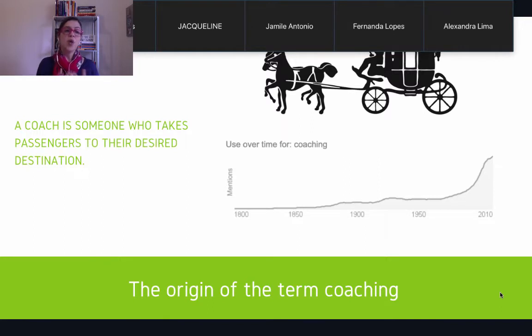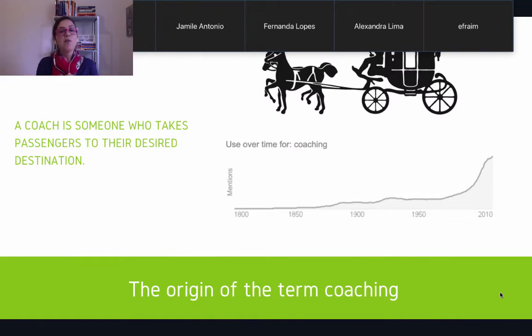So the term coach dates back to the 16th century. The word coach comes from the Hungarian word koksi or kochi. I don't know exactly the pronunciation of the word, but it was used to name a carriage that was used to transport people and goods from one place to another, from Budapest to Vienna in Austria.